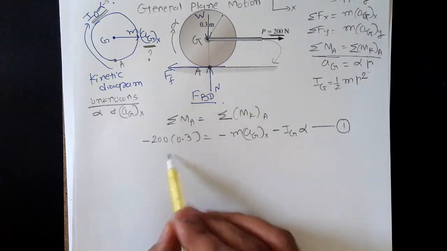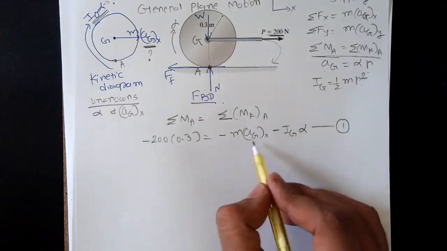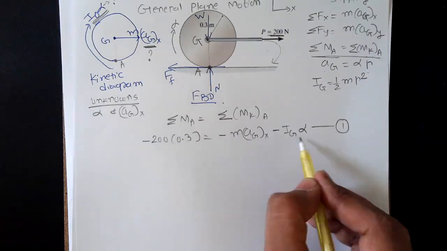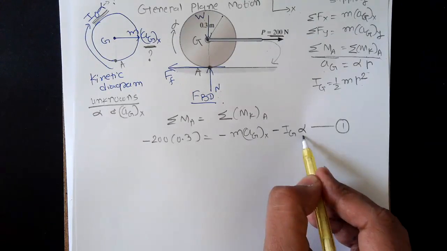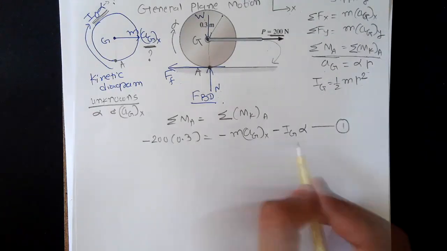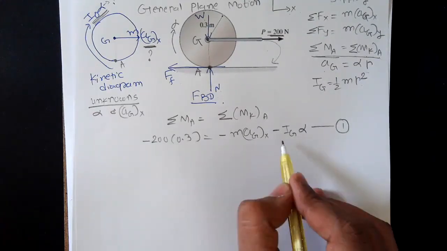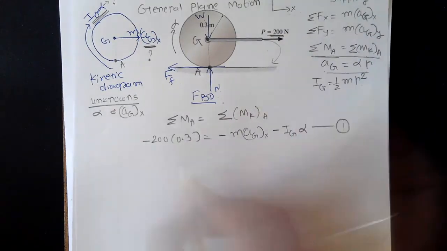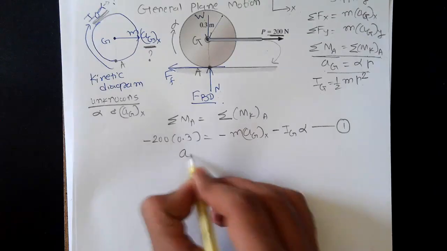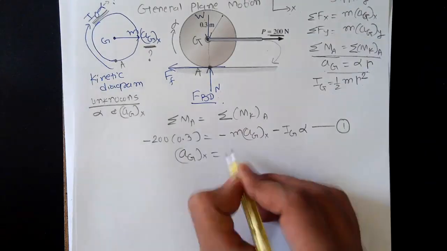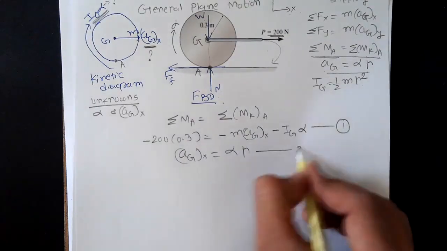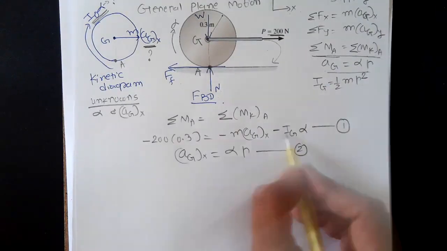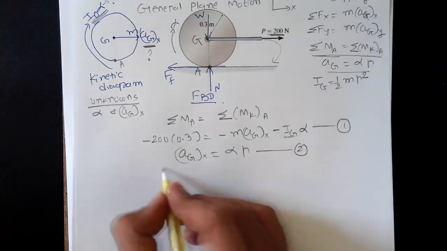Now in this equation we have both the unknowns, AgX and alpha, but we cannot solve one equation with two unknowns, so we need a second equation, and our second equation is AgX is equal to alpha r. So that's our second equation. And we need to calculate the moment of inertia Ig as well.